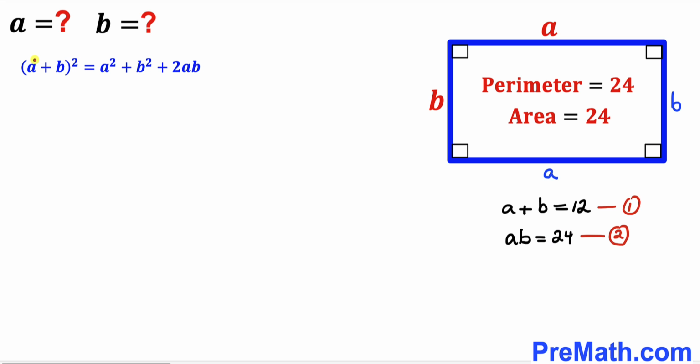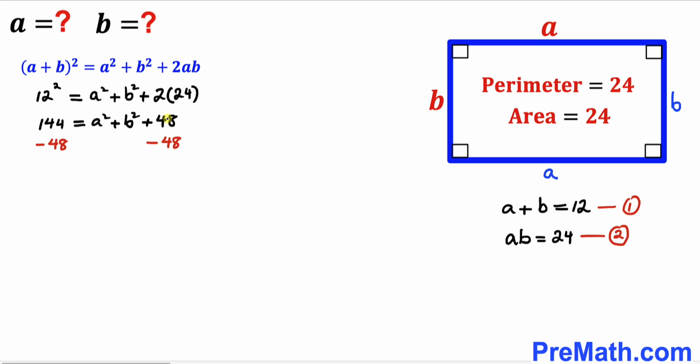So I'm going to substitute a plus b as 12 and replace ab with 24. Let's fill in the blanks: 12 square equals a square plus b square plus 2 times 24. Let's simplify. That gives us 144 equals a square plus b square plus 48.